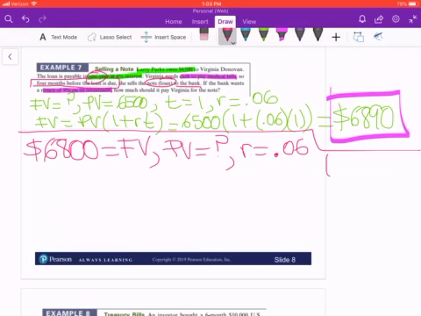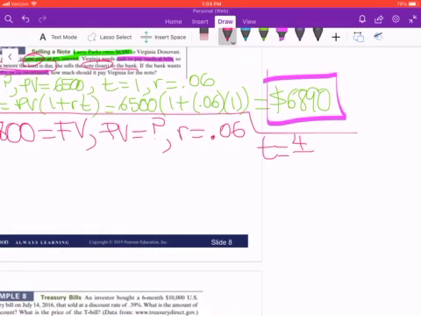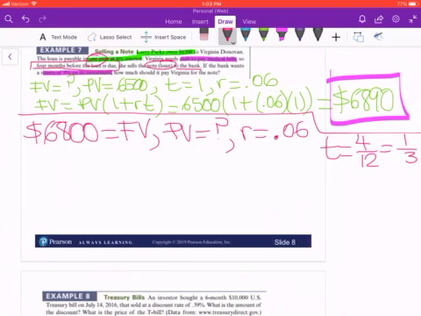For our time, the bank only has 4 months. So 4 over 12, or we may divide by 4, so we could use 1/3 as well. So the formula we want now is present value equals future value divided by 1 plus RT.